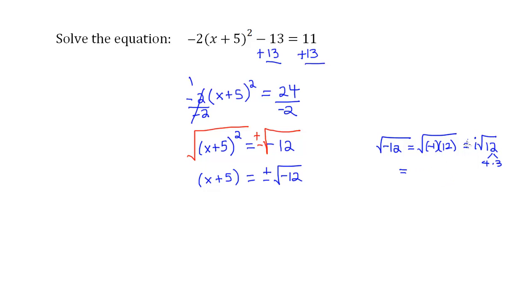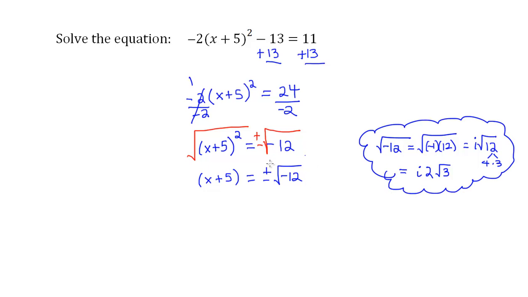In fact, this expression, i times the square root of 12, can simplify farther to i, and then the square root of 4 is 2 times the square root of 3. This is what we'll need to use when we simplify this right side.